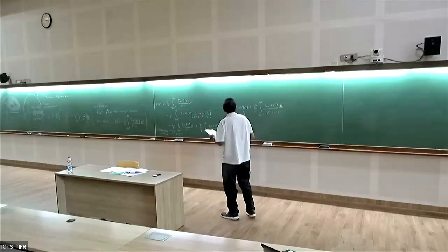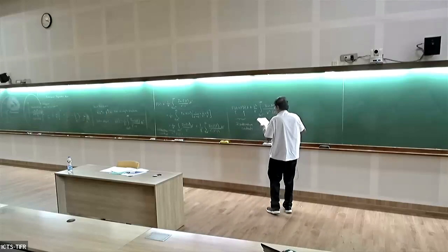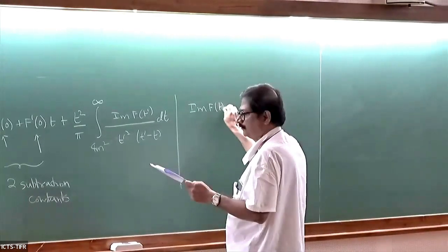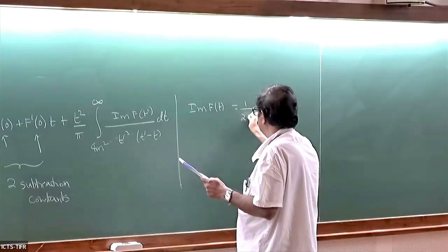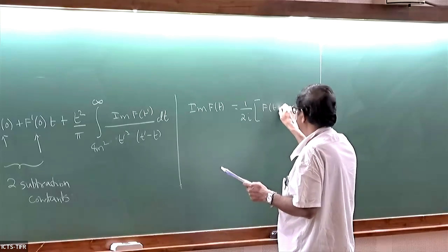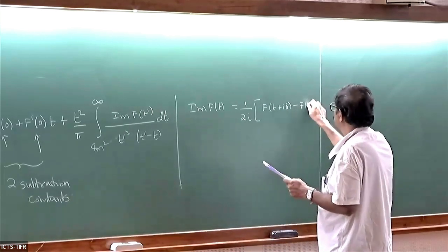So I should say, what is the Schwarz reflection principle? Here, the imaginary part of f of t we saw over here is 1 by 2i times f at t plus i delta minus f at t minus i delta.